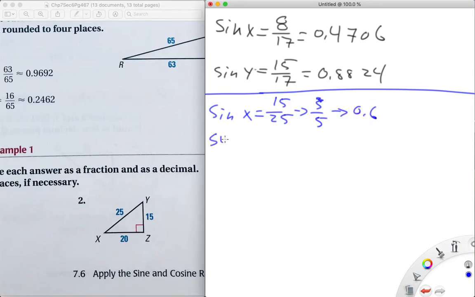And then sine of Y, which is opposite, 20 over 25, which is 4/5, which is 0.8.